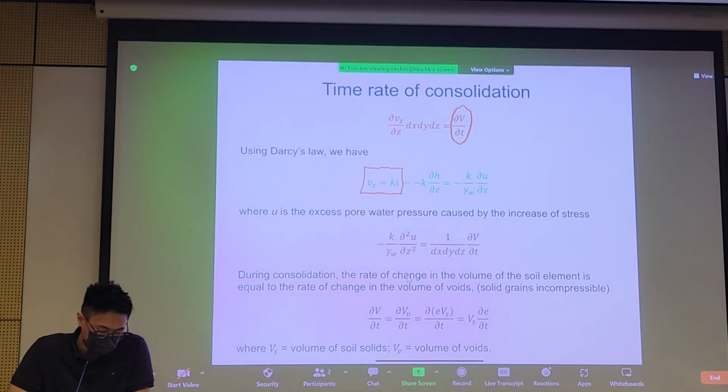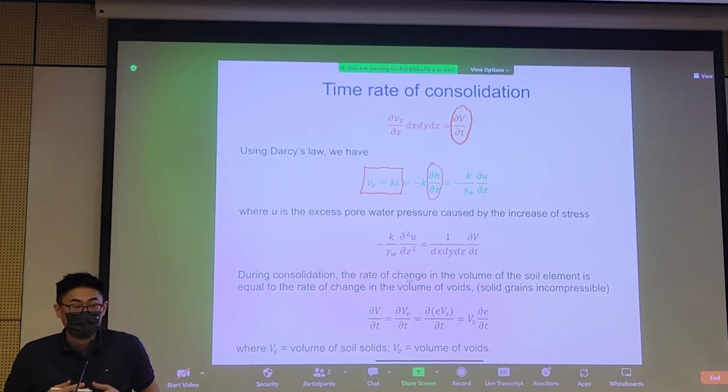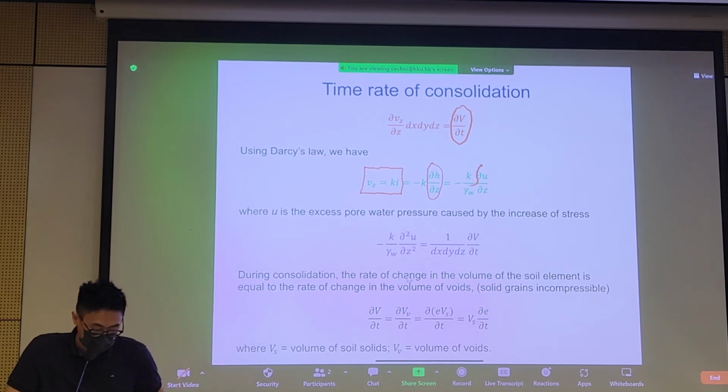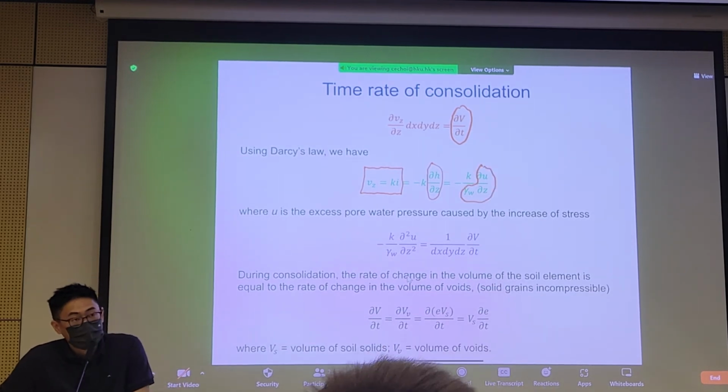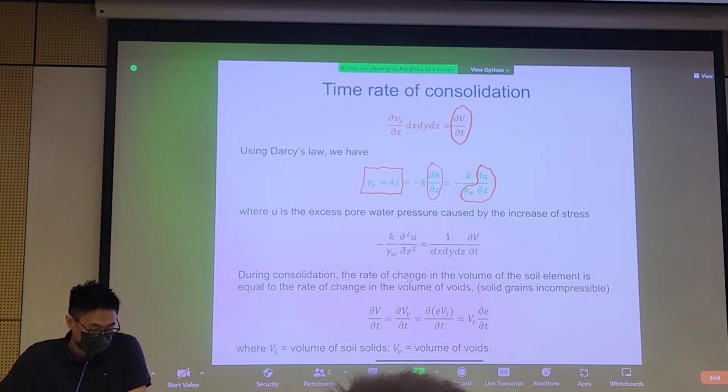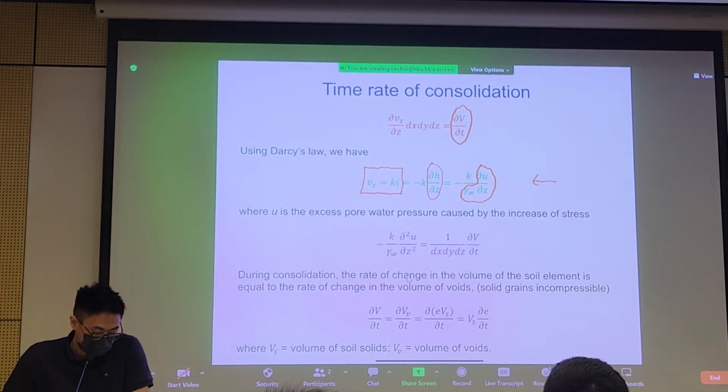And hydraulic gradient can be represented in terms of the difference in head over a certain distance, or it can be converted to pressure, as we talked about, head to pressure. So this expression here is basically Darcy's law, written in partial derivative form.